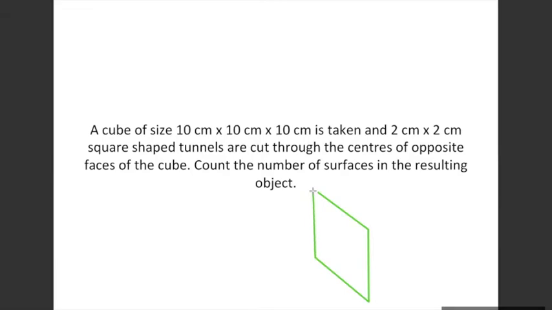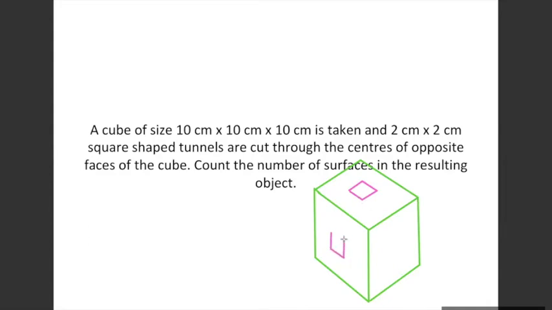So we start with the cube first, which is a 10 by 10 by 10 cube. When I drill, it's not a cube, but let's just assume this is a cube. Now, when I drill 2 by 2, so within this 10 by 10, I drill a 2 by 2 tunnel inside on all the opposite faces which are there.